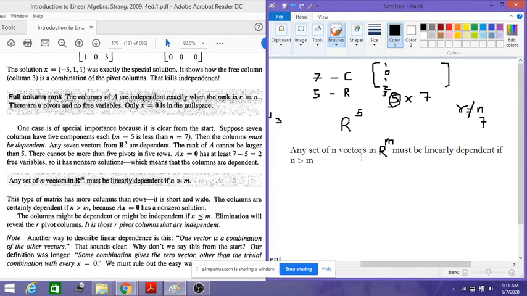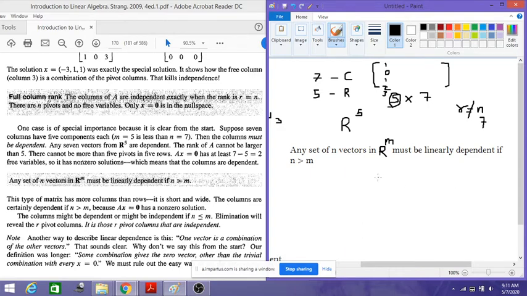When we are talking about the column space, the dimension of the vectors depends on R^m, meaning the number of rows. If you take the previous example, a 5 by 7 matrix, the columns are 7 vectors in R^5, and they must be linearly dependent because n is greater than m. It is not independent; it's a linearly dependent case where n is greater than m.